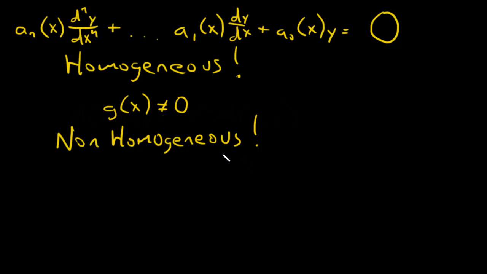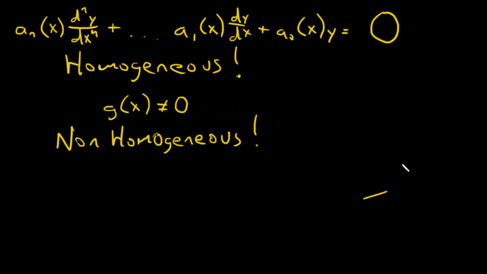Like I said, this is some theory, some preliminary stuff that needs to be taken care of before we dive into chapter 4. But this right here is just terminology. That's it. If it's equal to 0, it's homogeneous. If it's not equal to 0, it's non-homogeneous. Okay? So now that we got that out of the way, let's have some fun.